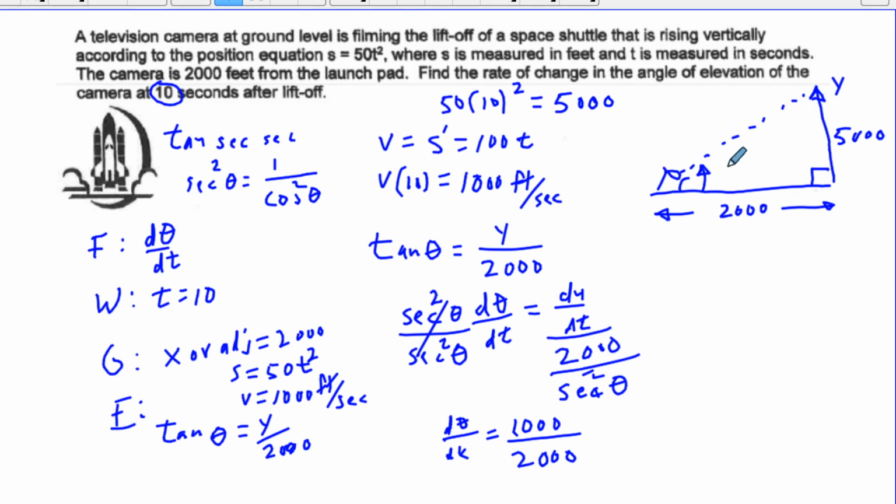Let's figure it out. What do we need for cosine? We need adjacent and we need hypotenuse. So hypotenuse is going to be equal to the square root of, using the Pythagorean theorem, 2,000 squared plus 5,000 squared. So let's go to the calculator and get that.